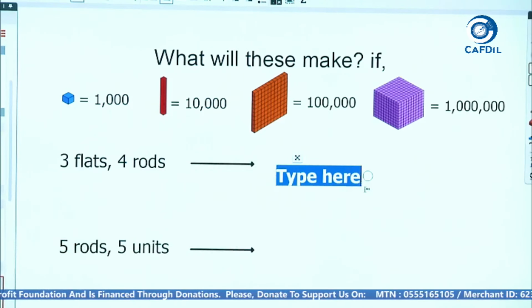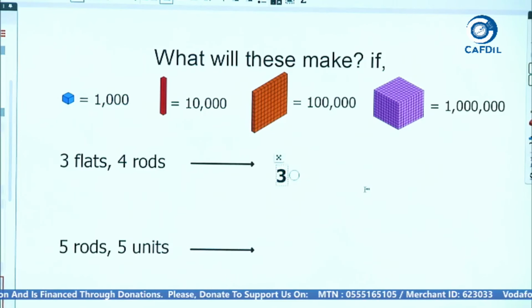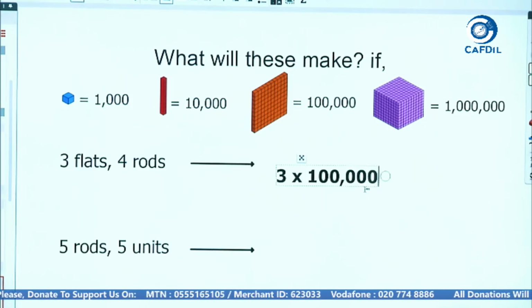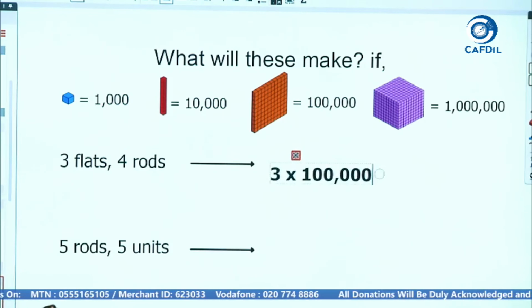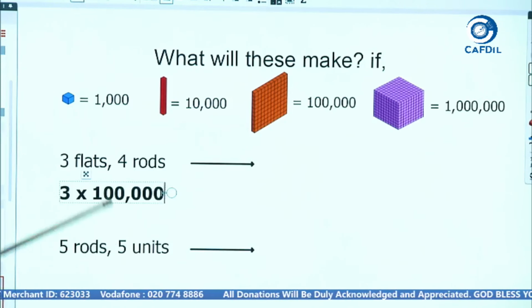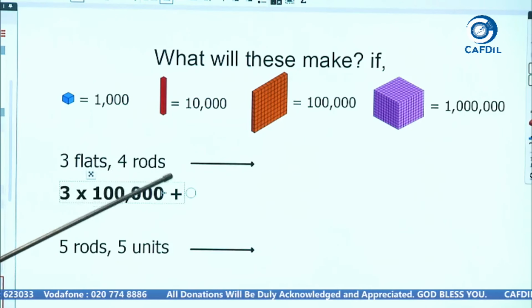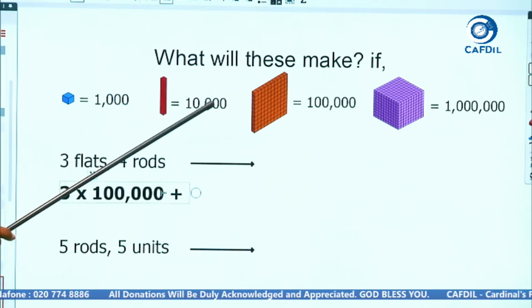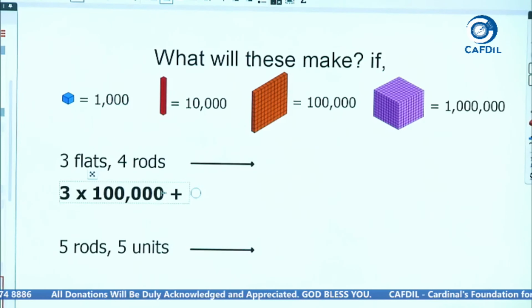So it's 3 times 100,000. Plus 4 rods. And then the rod is 10,000. So 4 times 10,000.